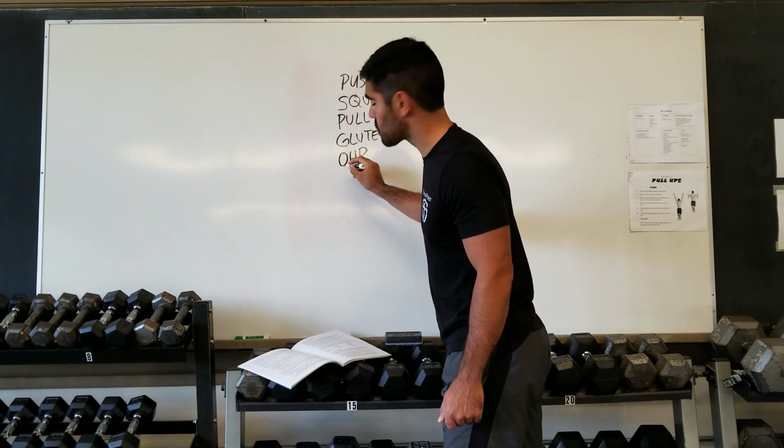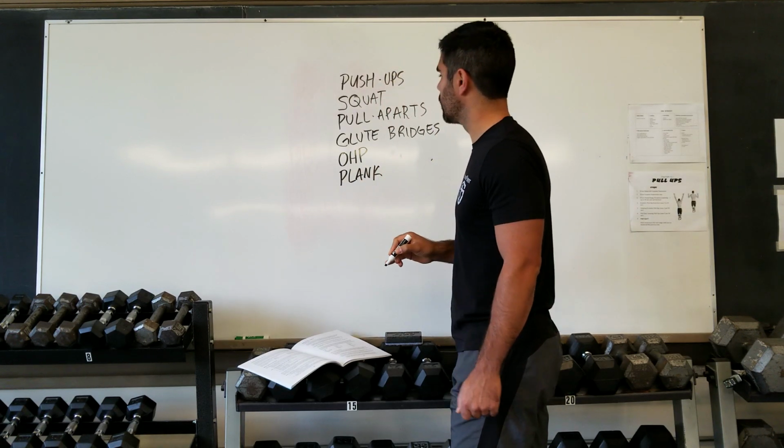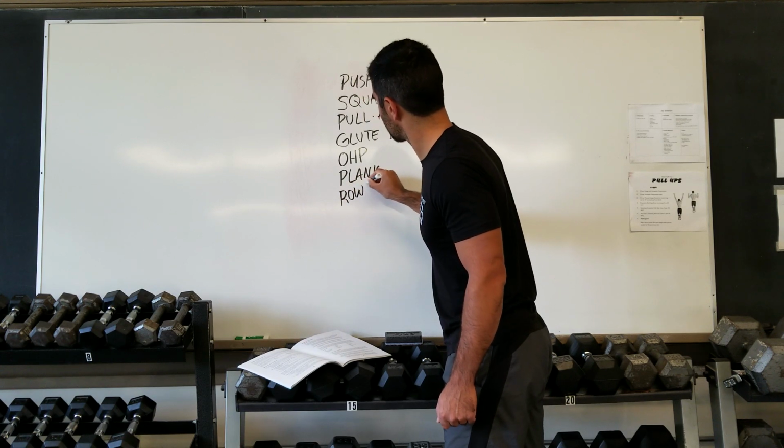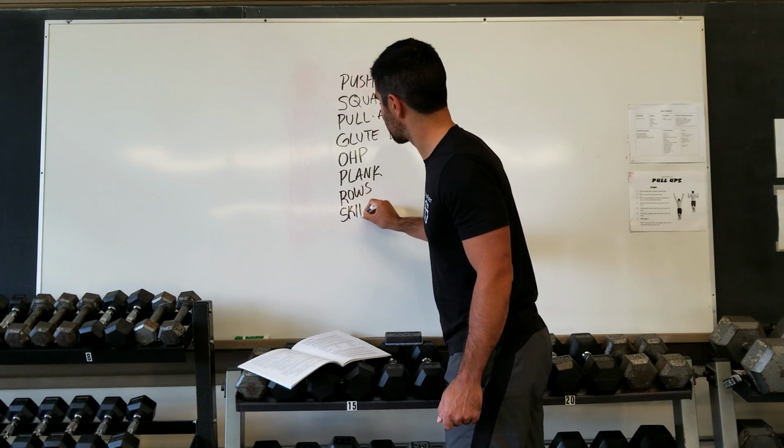I'll do my core exercise now. Maybe I'll do plank. I'll do my other pulling exercise, which will be rows. And then I'll do my cardio exercise, which maybe is going to be skips.